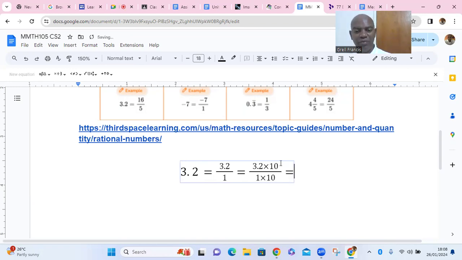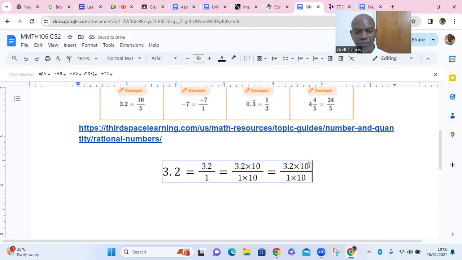When you multiply 3.2 by 10, the decimal point shifts towards the right, one decimal place. So you have 32 over 10.